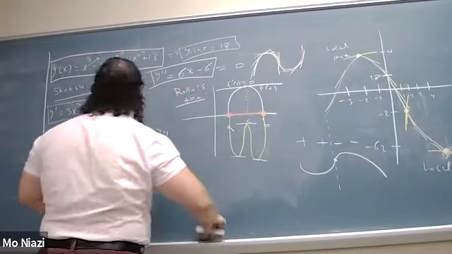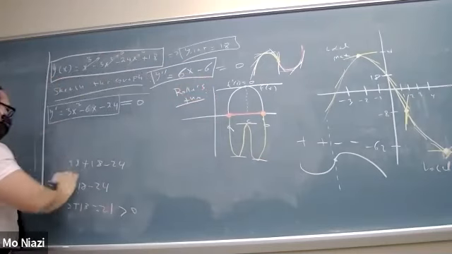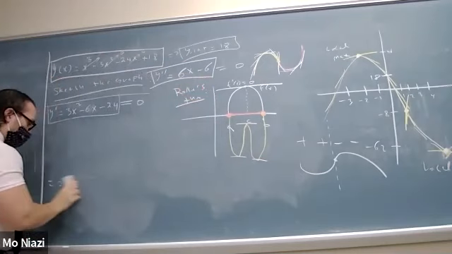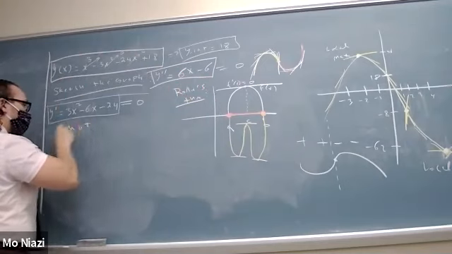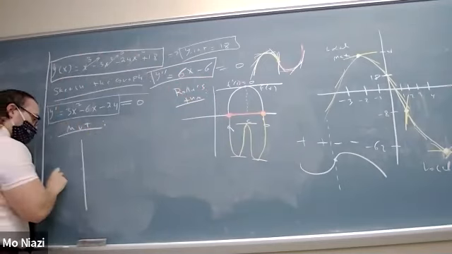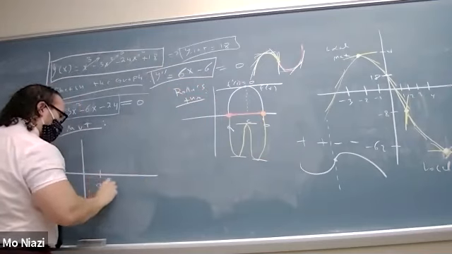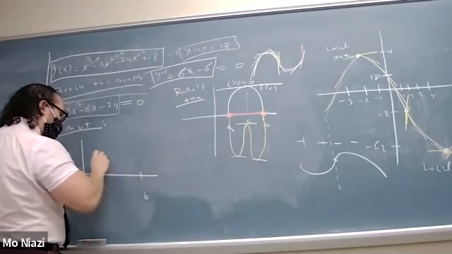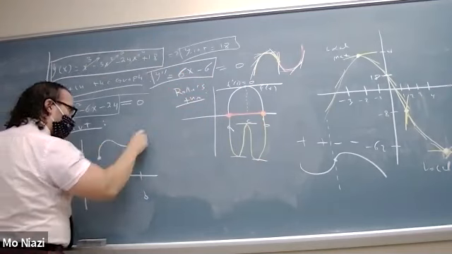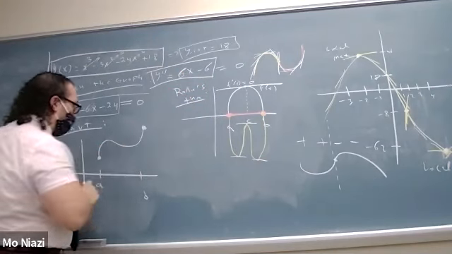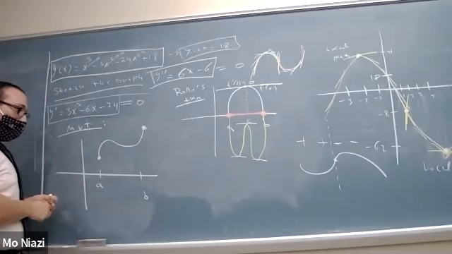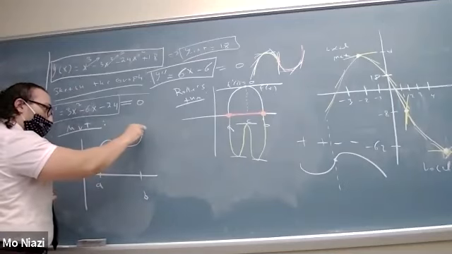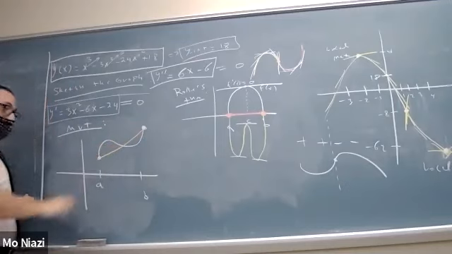The mean value theorem is something similar. It says if you have a function from A to B, like so, that if we find what is the slope between these 2 points, we can connect them with a line, right?